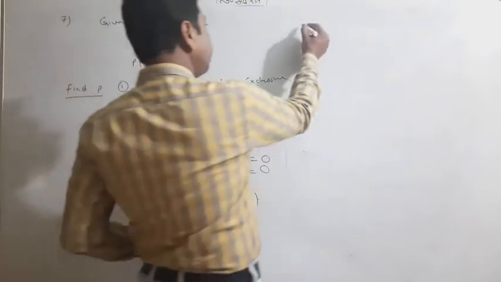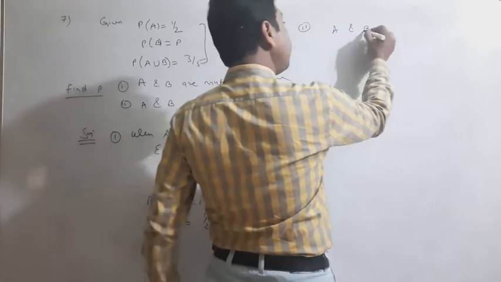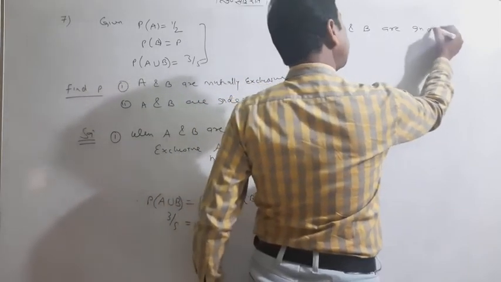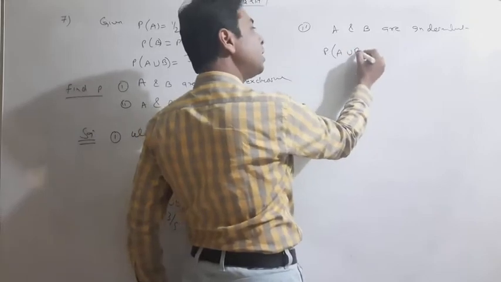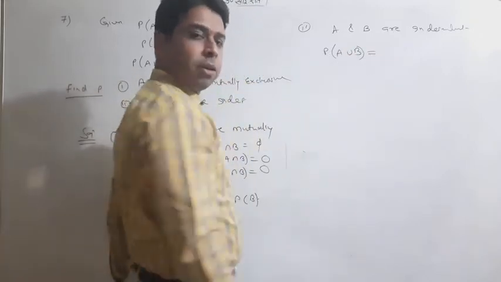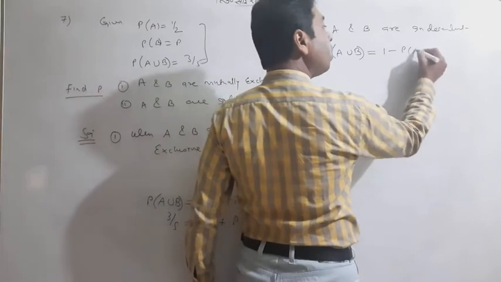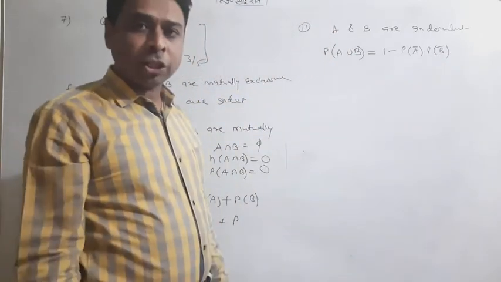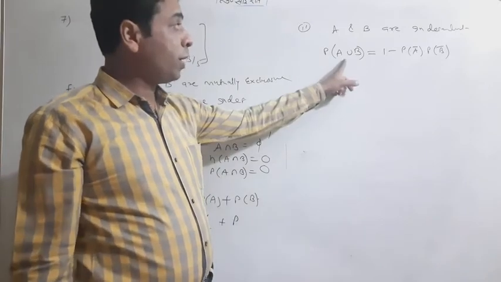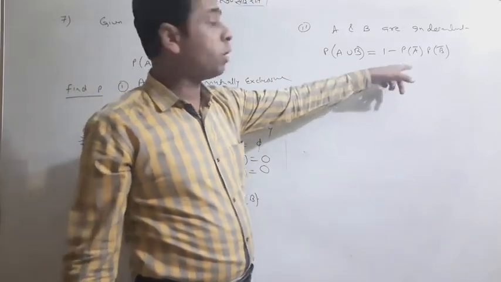First thing. Second, when A and B are independent, this is simple. Hope you remember that P of A union B is equal to, what is the answer? 1 minus P of A not into P of B not. Have you seen in the last lecture, P of A union B equal to 1 minus P of not A into P of not B?